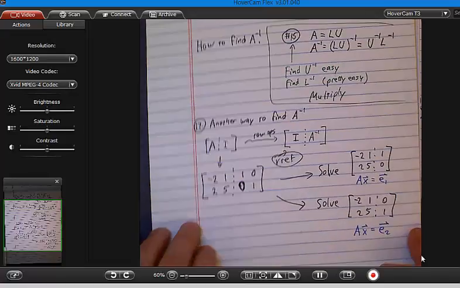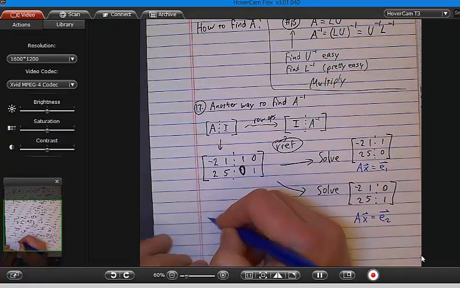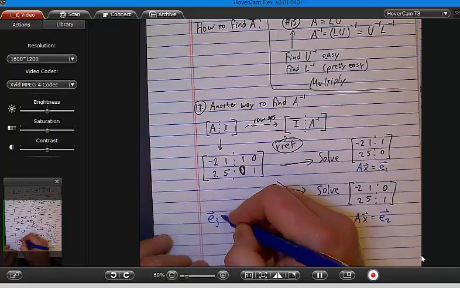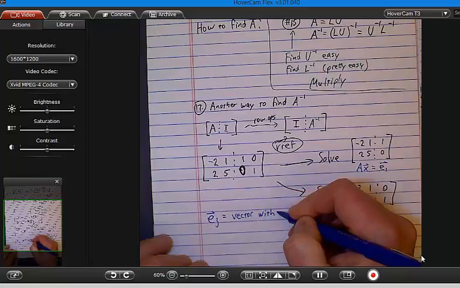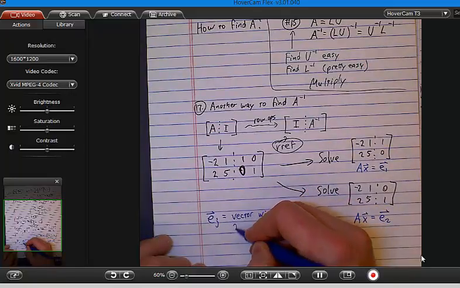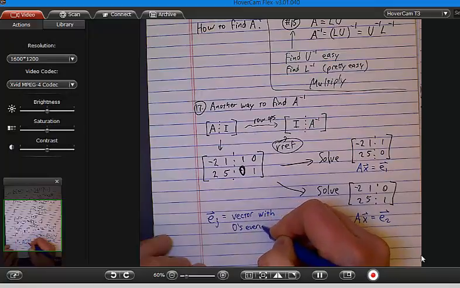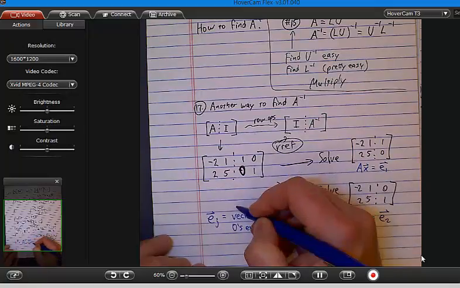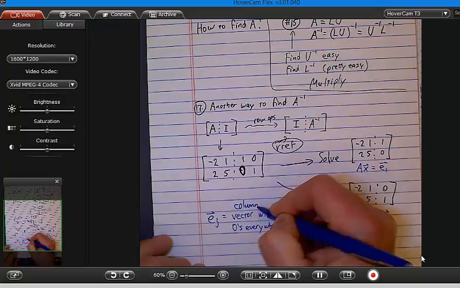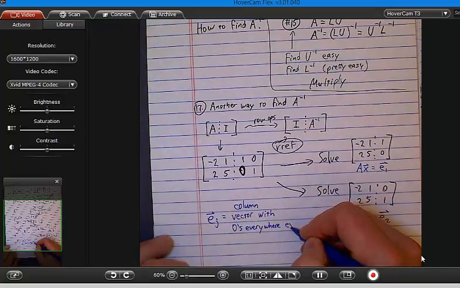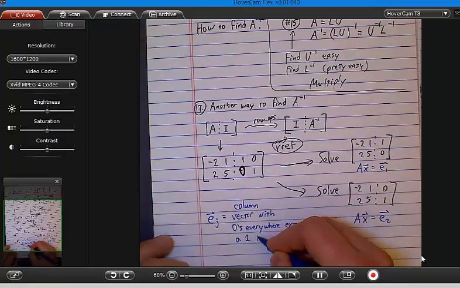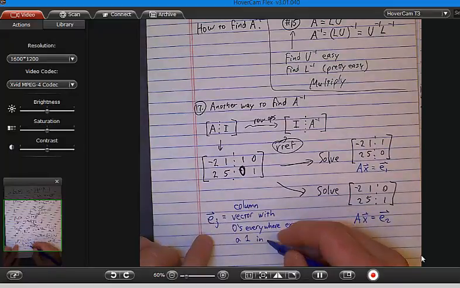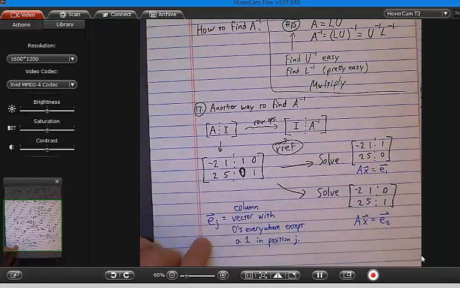So basically the way it works is, when I say vector EJ, this is a column vector, first of all, okay? With zeros everywhere except a 1 in position J. Okay?